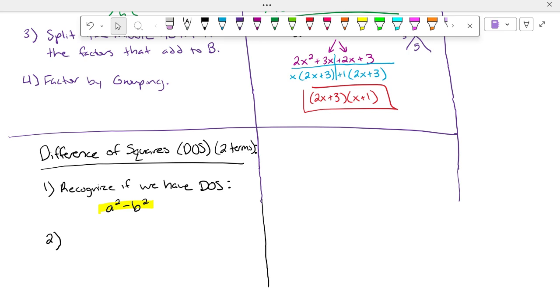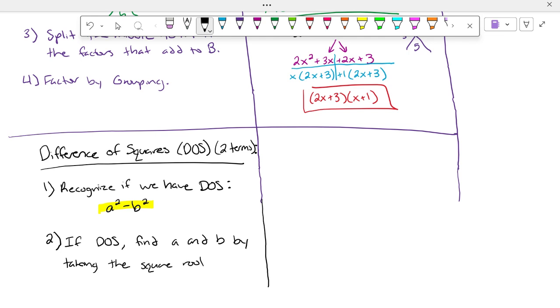So these steps I can kind of come up with on my own. All right. So 2. If it's a difference of squares, find A and B by taking the square root of A squared and B squared.